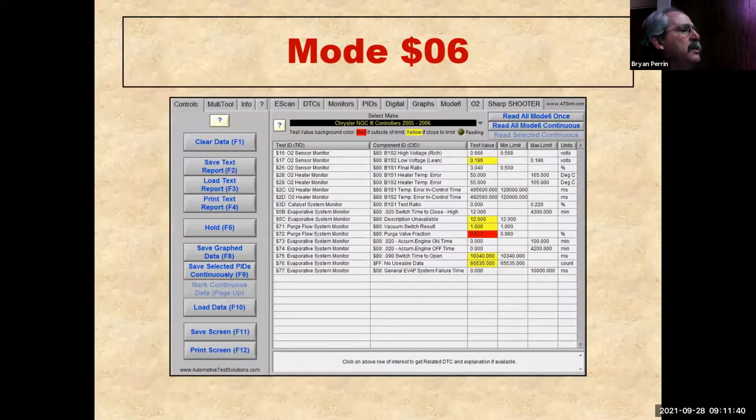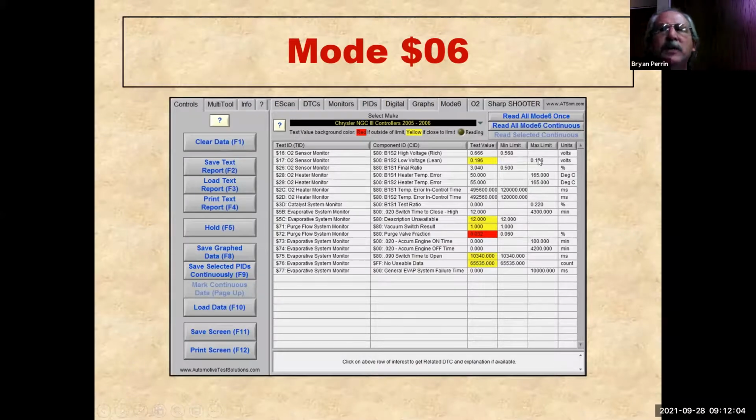So my mode 6 data, I do have a failed test for purge function, which I'm not terribly concerned about right now. But again, it goes in the nice to know, may need it later category. I do have a test here for my bank 1 sensor 2 lean, 0.196, which is the maximum that's allowed.